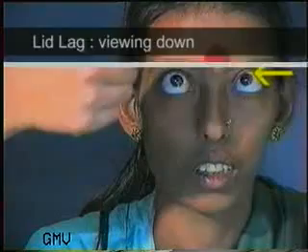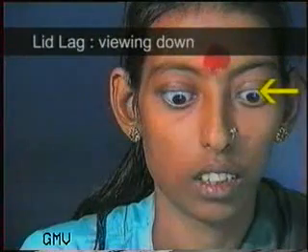Hold your right index finger in front of the patient's eye at a distance of 40 centimeters and, asking the patient to follow the finger, move it upwards and downwards. When the patient looks downwards, the upper lid lags behind and a larger portion of the white sclera is exposed on looking down. This is a positive von Graefe's sign.